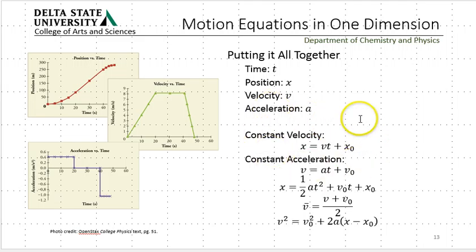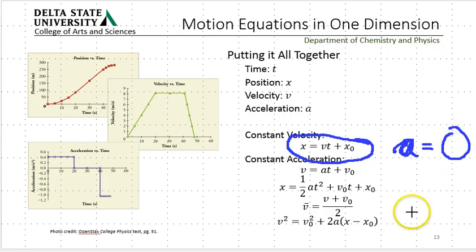So if you're moving at constant velocity, you've got one simple little equation. x is vt plus x0, constant velocity. If you're moving at constant velocity, that means the acceleration is 0.